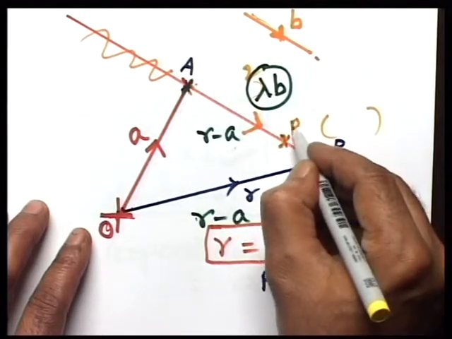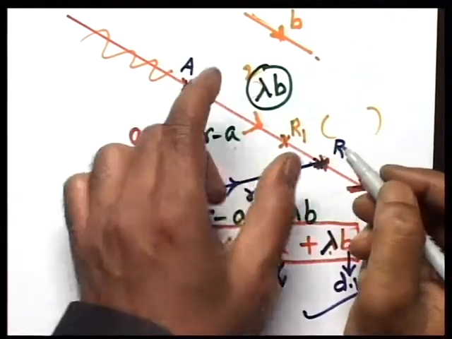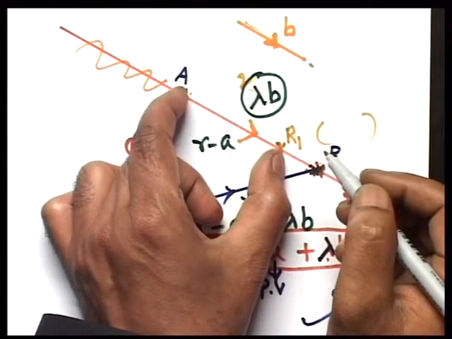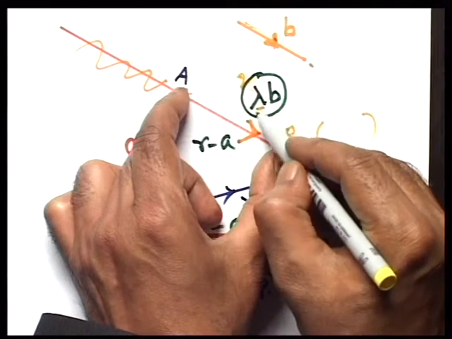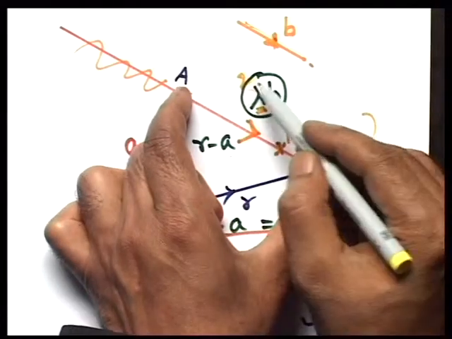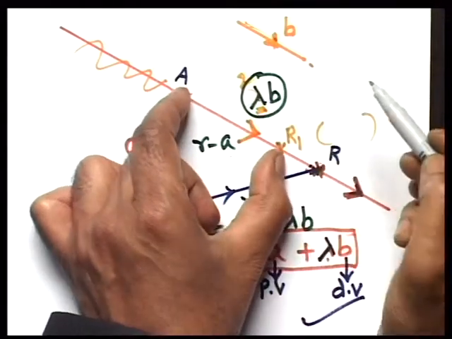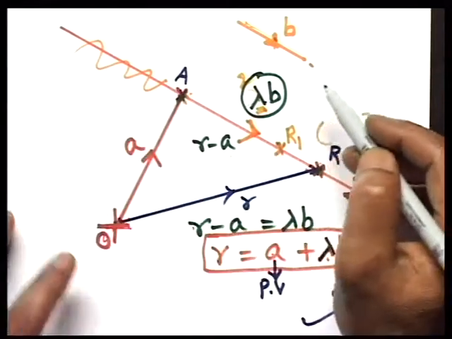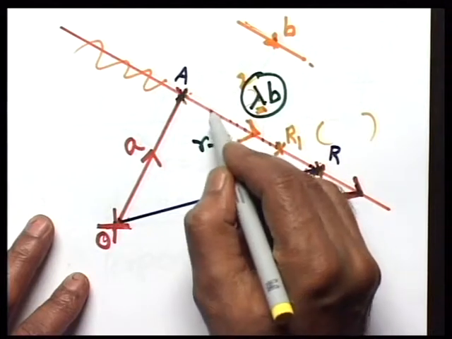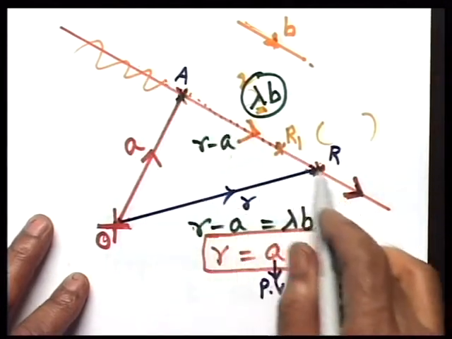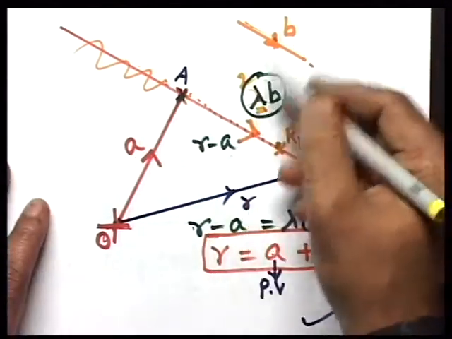So this is called R1 now. Do you agree that this is still parallel to that, but the multiple is changed? Previously it was twice or thrice, but now it's less than that, right? So as R moves on this line of its own accord, the lambda value gradually changes.